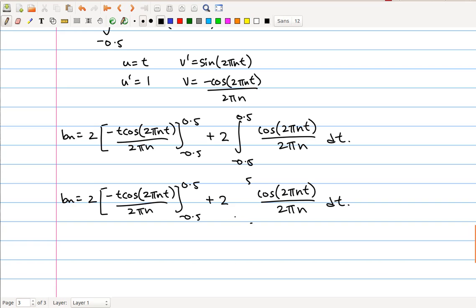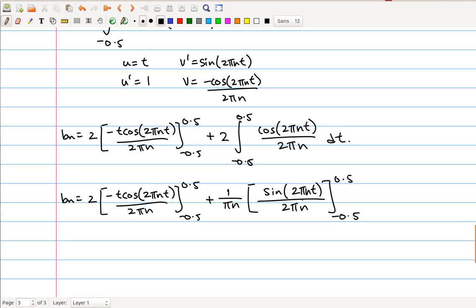I'll leave the 2 as is, and factorize that outside. So 2 will cancel with the 2, leaving me with 1 on pi n. Then I'll do the integral. The integral of the cos turns into a positive sine 2 pi n t, and of course divide by the derivative of the inside and fill in the limits.